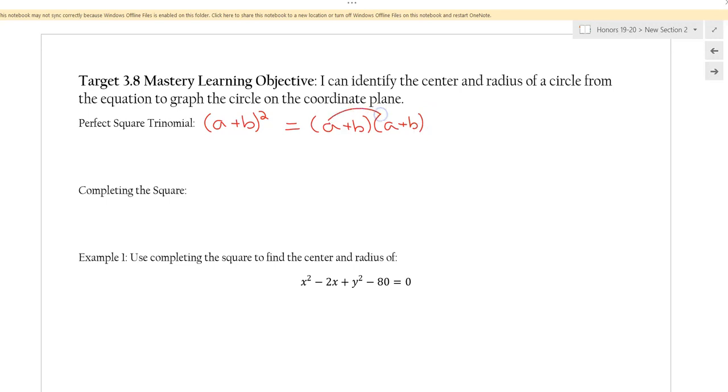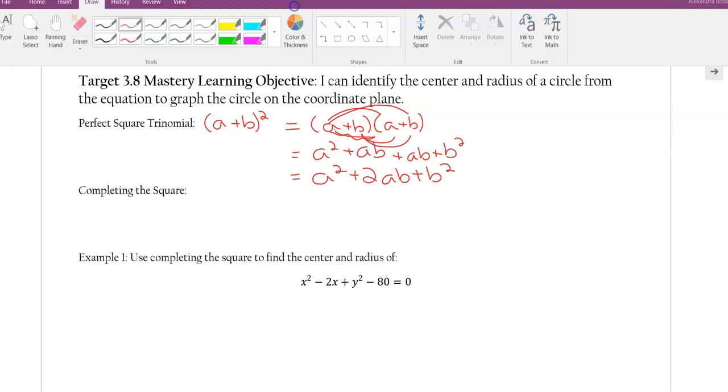And if I multiply this, I get a squared plus ab, and then the b to the a and the b to the b, plus ab plus b squared. Okay, so this is, again, just FOILing. So that's a squared plus 2ab plus b squared. Okay, so this is a perfect square trinomial.